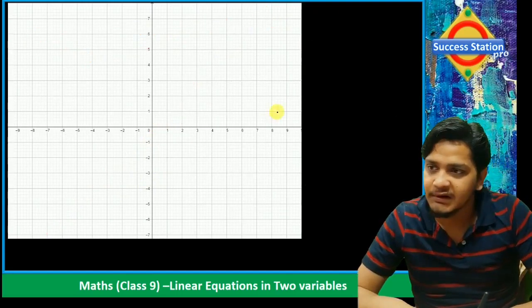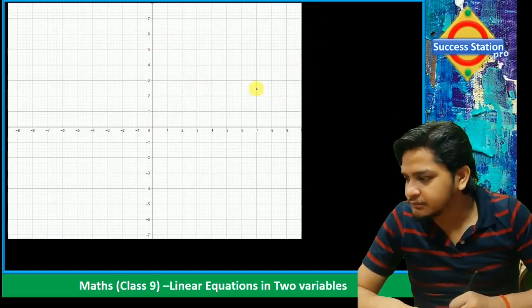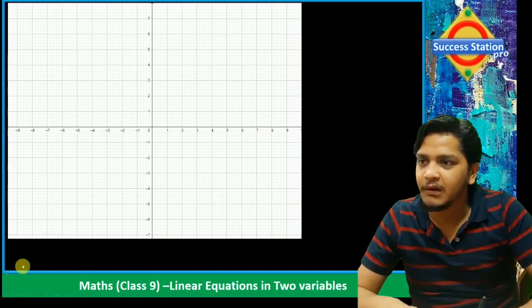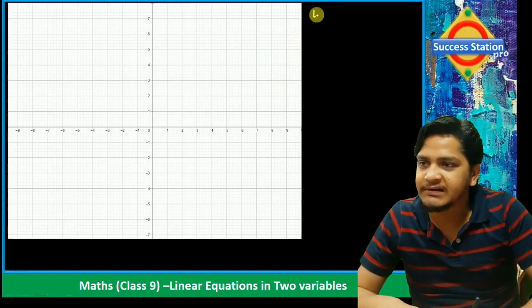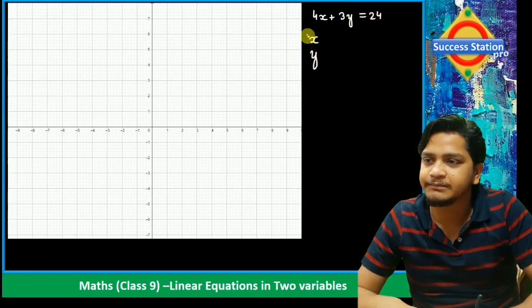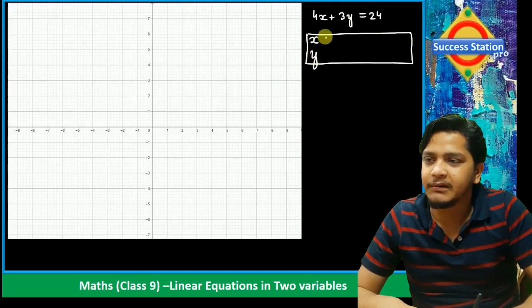Next, let's solve some more. One more question: 4x plus 3y equal to 24. Again the same, x and y you take. Put x equal to 0.